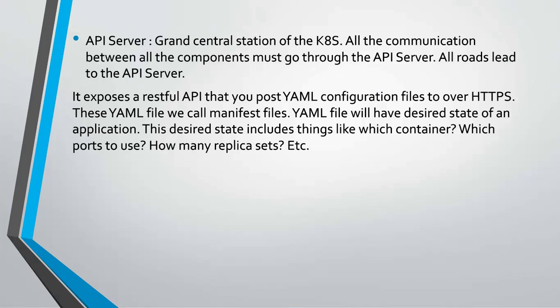Using a YAML file, you will define which container and which port, and you need this many replica sets. What does replica set mean? It's copies. When you are running your application or a container inside the server, you have to set how many containers you need to create. That is useful for load balancing.